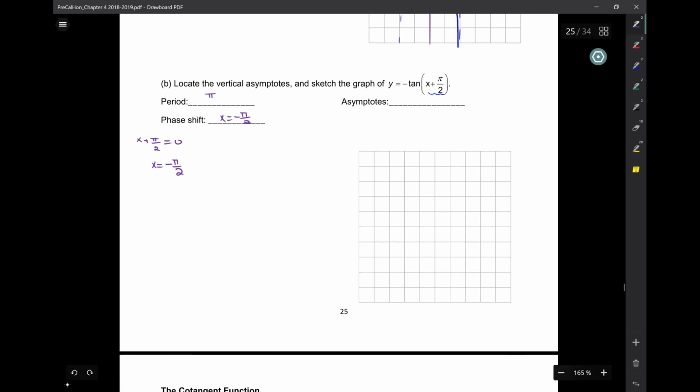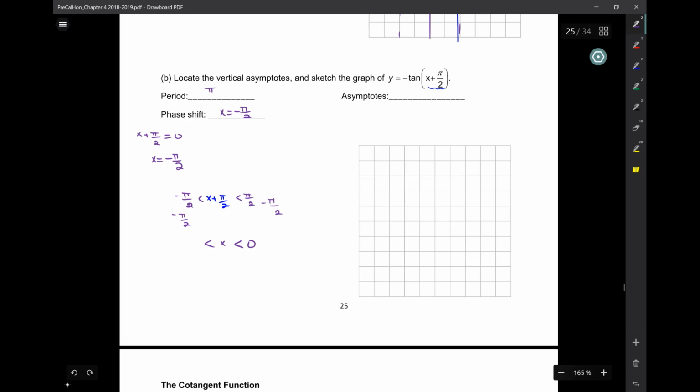Now for the asymptotes. We're going to go from negative pi over 2 to pi over 2. This time, in the middle, we put x plus pi over 2. Subtract half a pi. On the right-hand side, we're at 0.